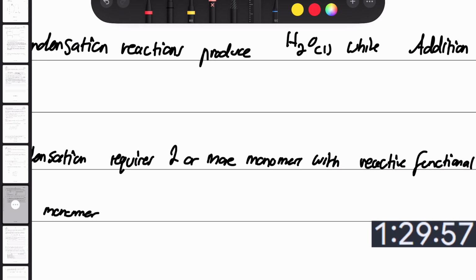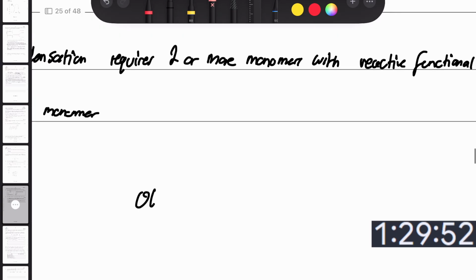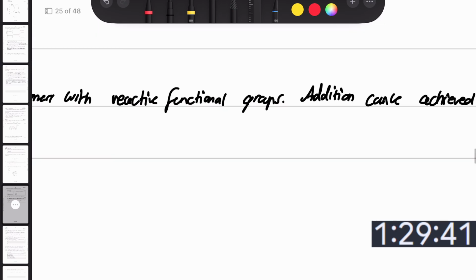I guess you could do condensation reactions between ones if they have an alcohol group and a carboxylic acid group on the side. And I'll just say requires monomers with reactive functional groups.